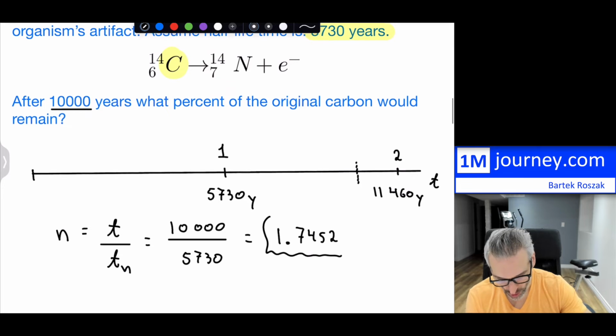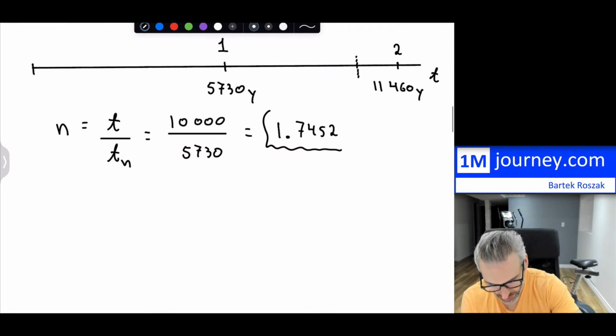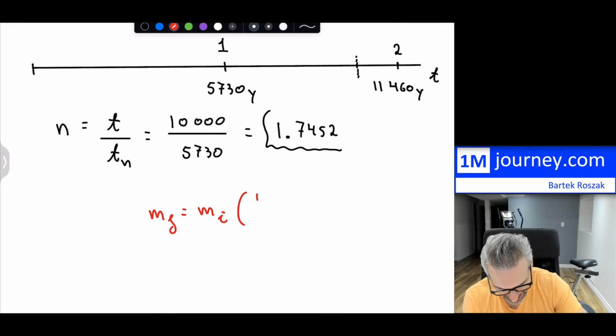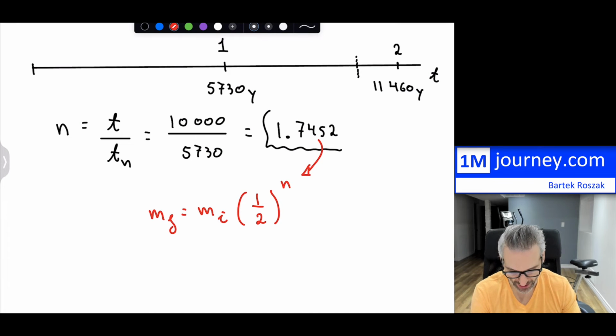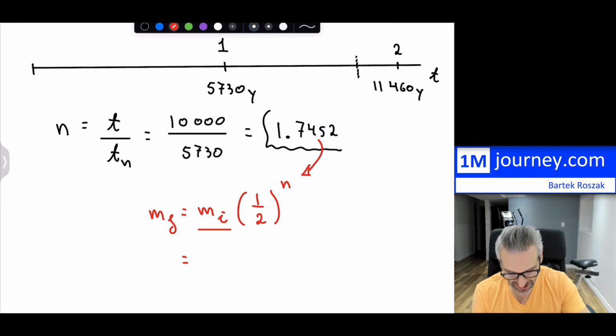So if you want to know what percent remains from the original, we have to use the equation. M final is equal to M initial times one half to the power of n, so we're going to be plugging this right in there. Now, what are we starting off with? If mass is not given, then what I typically recommend when they're asking for percents is to just say 100, because 100 means you started off with 100%.